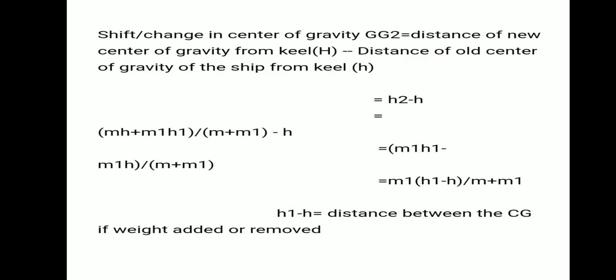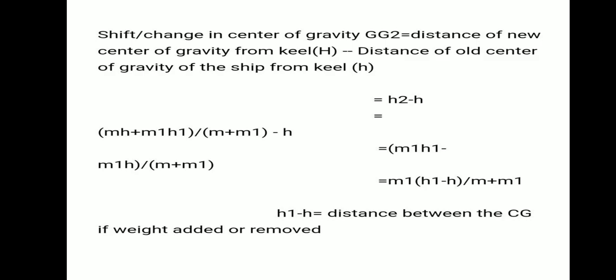So the shift or change in center of gravity, which we represent as gg2, will be equal to the distance of the new center of gravity from the keel, h2, minus the distance of the old center of gravity from the keel, small h. Then gg2 will be h2 minus h.